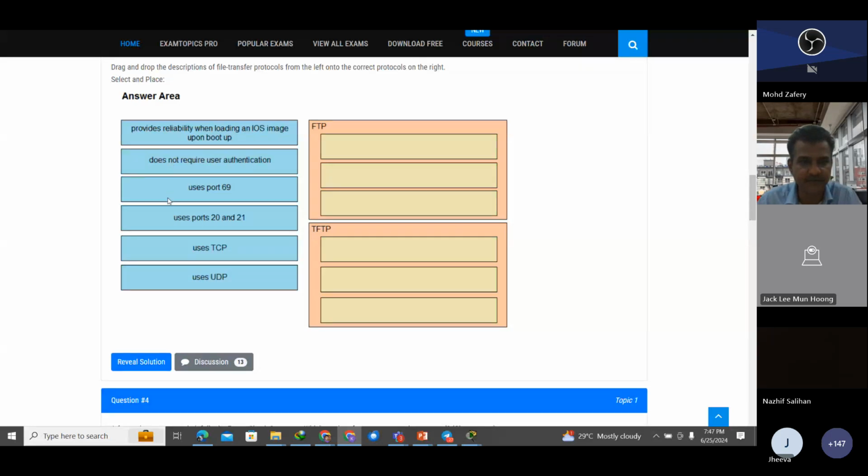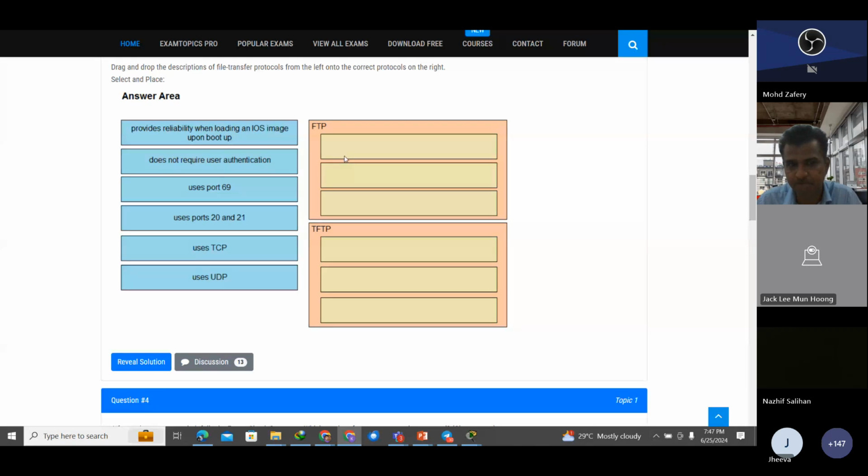Which of these are FTP? Which of these are TFTP? Provides reliability when loading an IOS image upon boot up, that's TFTP. Does not require user authentication, TFTP. Uses port 69, TFTP. Uses ports 20 and 21, that's FTP.